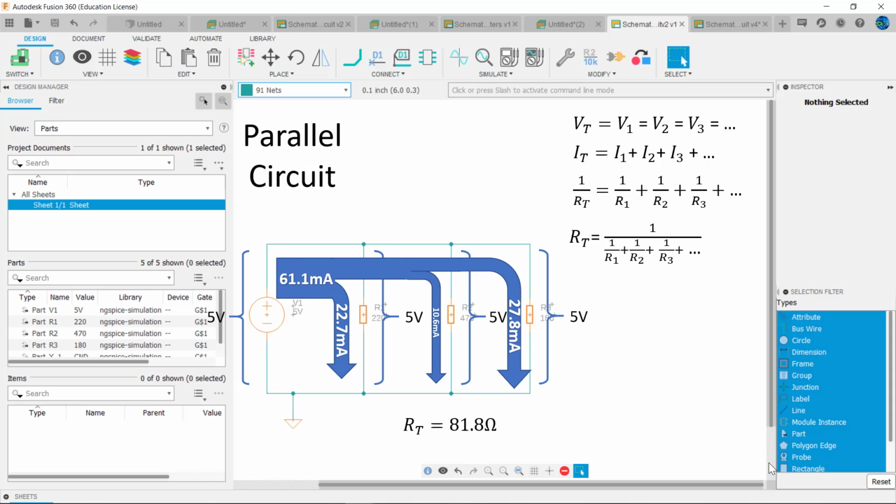RT equals 81.8 ohms in this example. Let's check this answer with Ohm's law. RT should equal VT divided by IT, or 5 volts divided by 61.1 milliamps, which equals 81.8 ohms, identical to our previously calculated value.